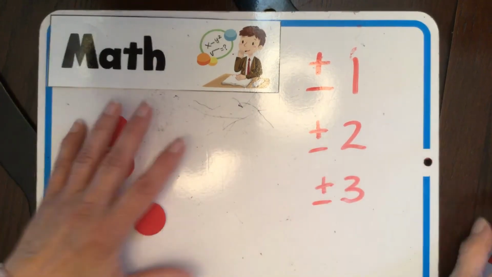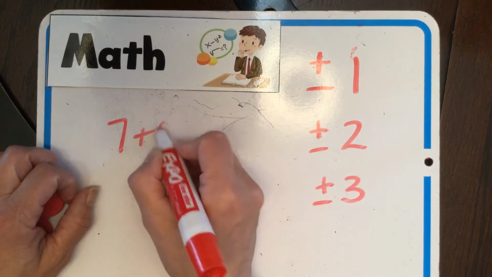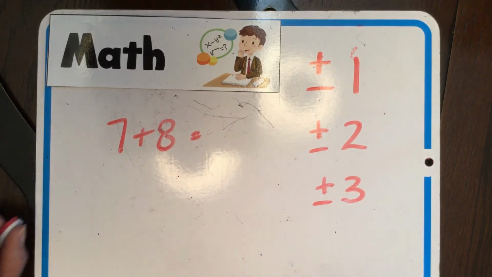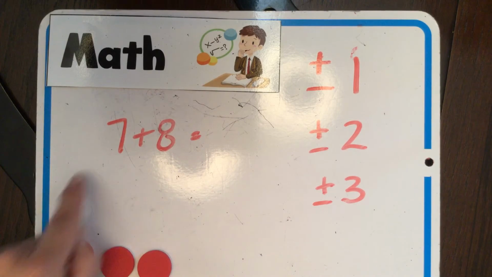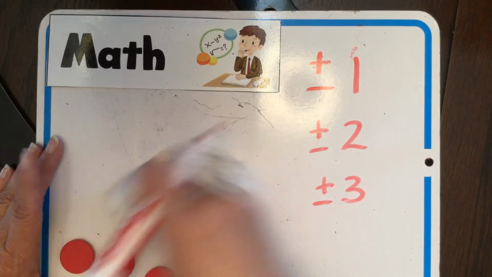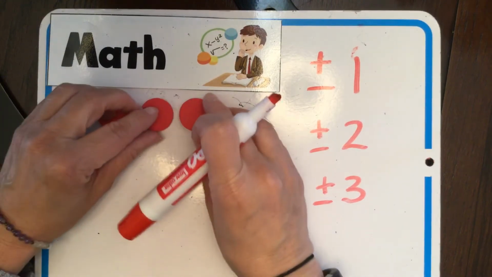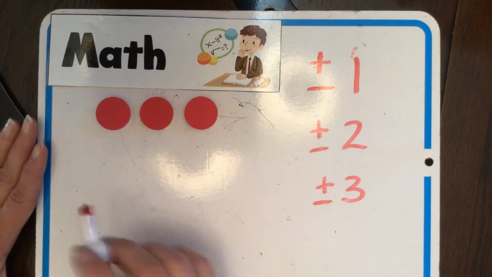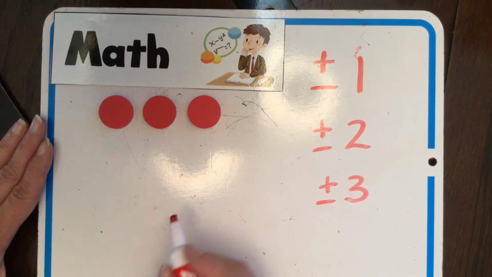So when you're looking at your questions, if you had this question, 7 plus 8, you would not use the count on 1, 2, or 3 strategy for that because none of those numbers are 1, 2, or 3. So the only time we're going to use this is if our question has 1, 2, or 3, and we can count up and we can count down using those.